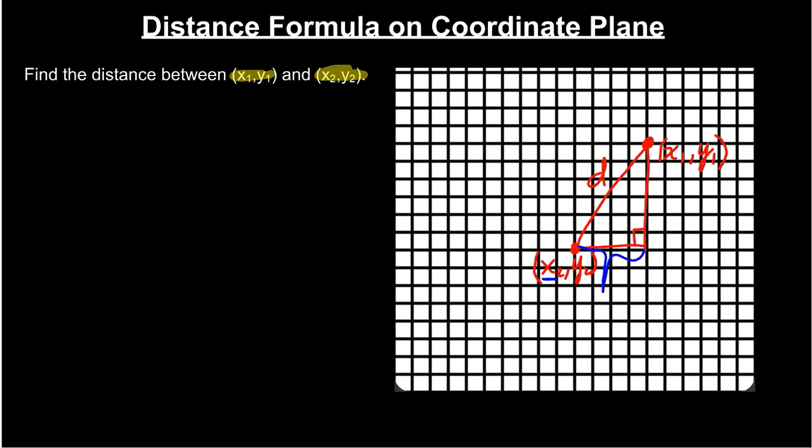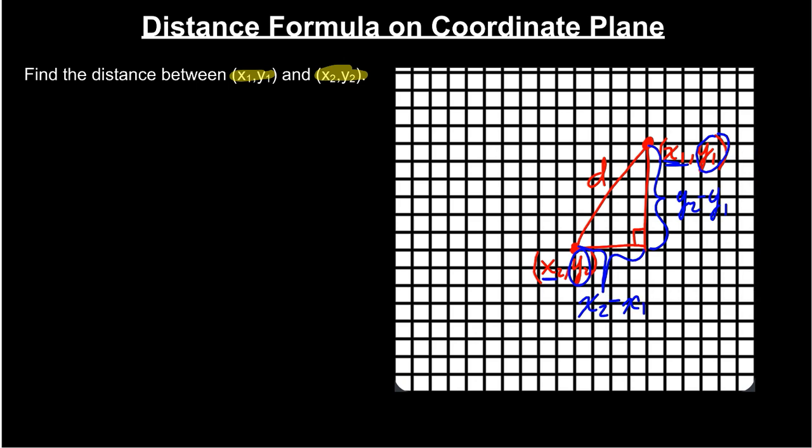So I have x2 and x1. I want to find a difference between them. So we're going to do x2 minus x1. And then for our height, we're going to use the y coordinates. So I've got my two y values, and we'll say y2 minus y1.